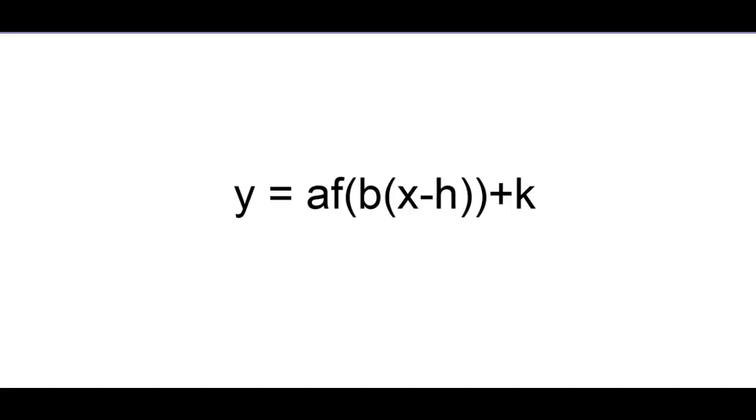Then we've got h over there. H is in the brackets with x, so that is a horizontal shift. Again, it's going to move the opposite. So if h is negative, we're going to move to the right, positive. And if h is positive, we move back to the left, negative.